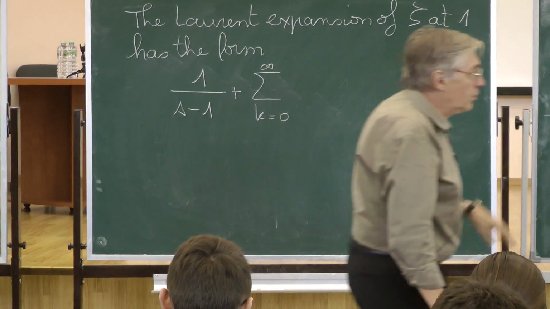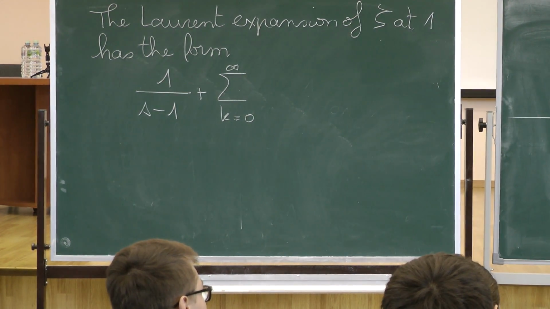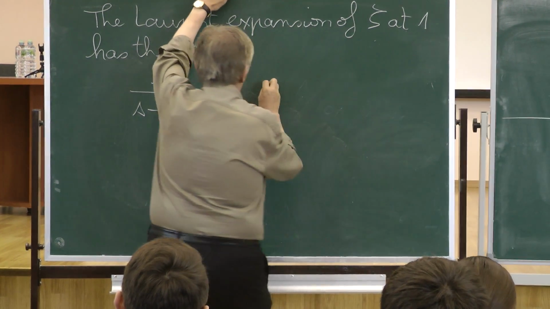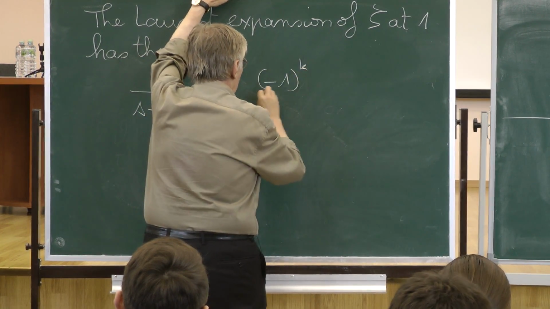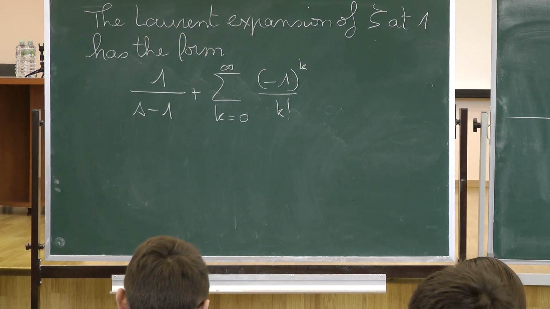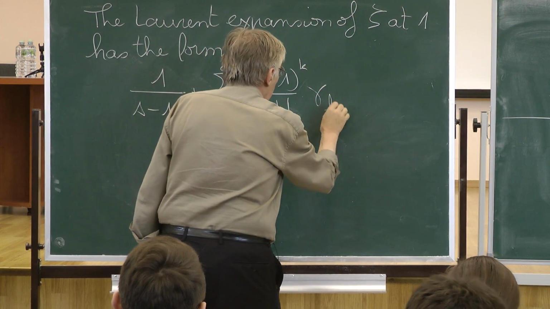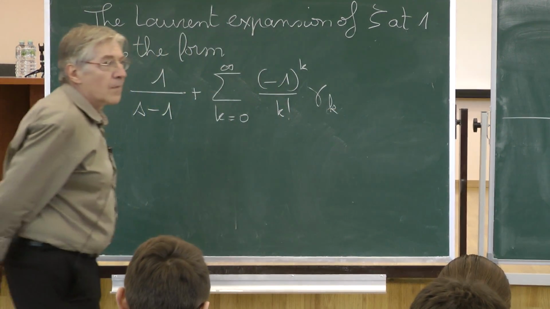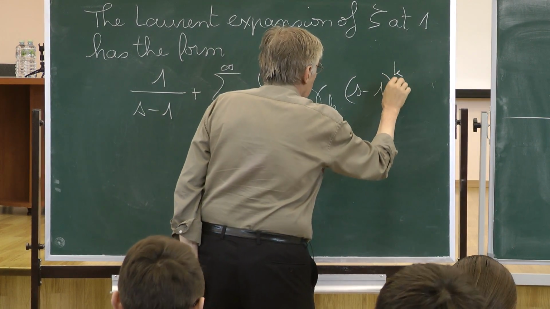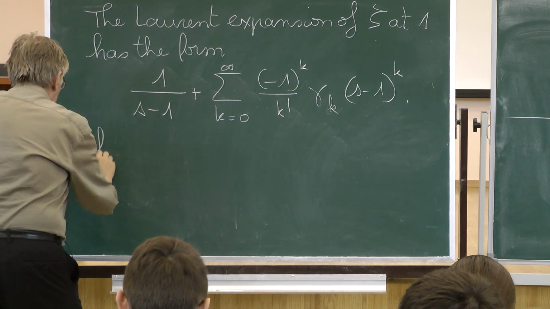It is very natural, in order to avoid always complicated formulas, to put a minus 1 to the power k divided by k factorial, so that we do not always carry these things which I would forget otherwise on the blackboard. Then we have a certain coefficient which I call gamma k, and then we have s minus 1 to the power k. So this is the expansion, and the definition is the following.